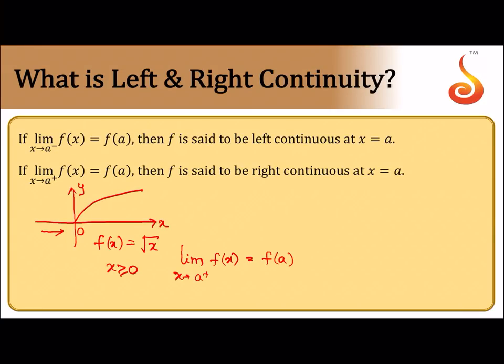Therefore, we write limit x tending to a plus f of x is equal to f of a. This is right continuous. There is no function at all given on the left. So this can be written as limit h tending to 0 of f of 0 plus h, which is equal to f of 0. So it is right continuous.